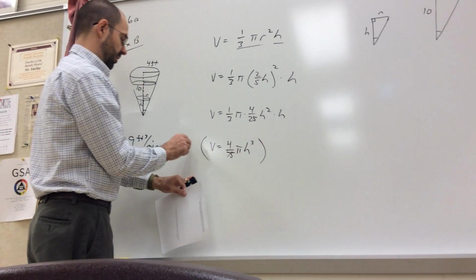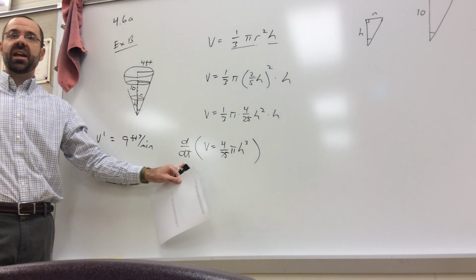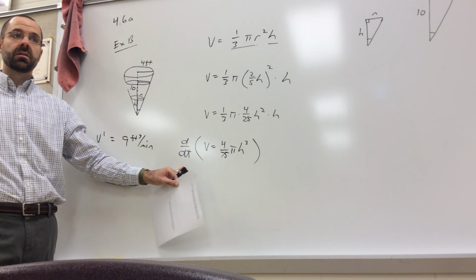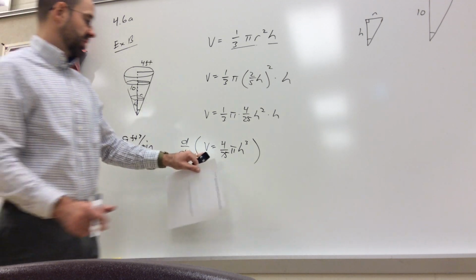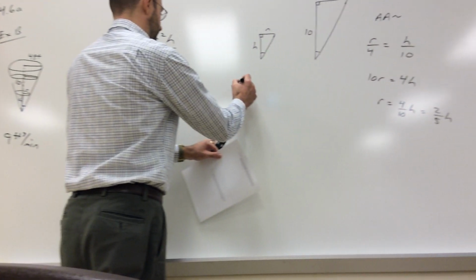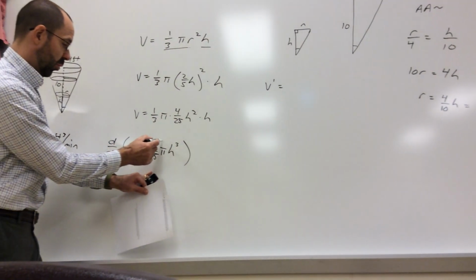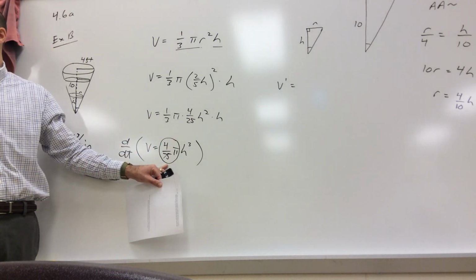So now I'm going to take the derivative. And the question talks about the change per minute. So that's why I'm doing d dt. Okay, so derivative of v is just v prime. And then the 4/75 pi, that's just a number.